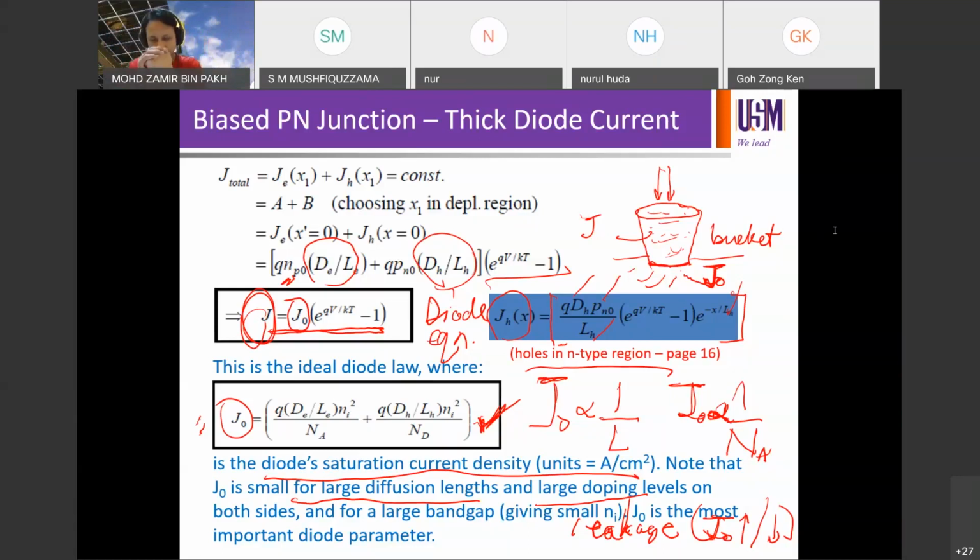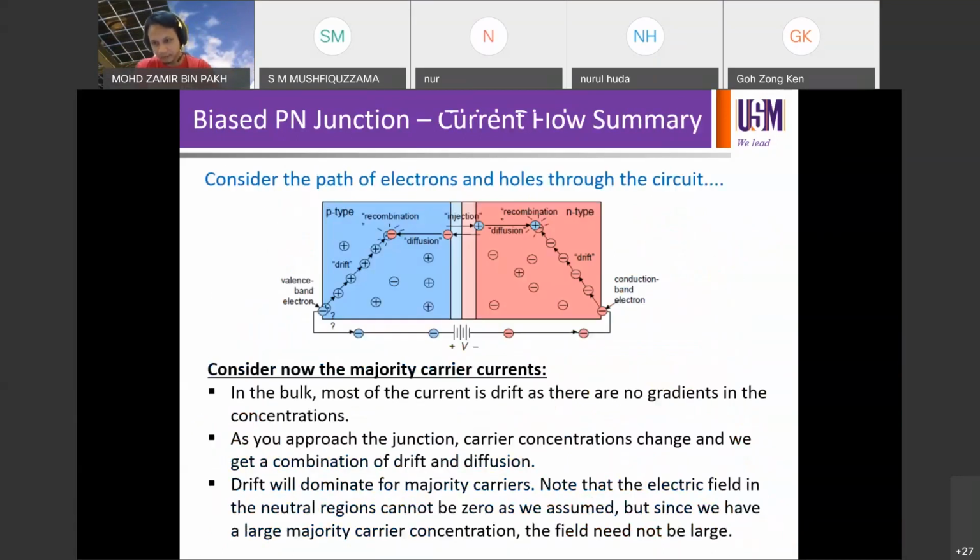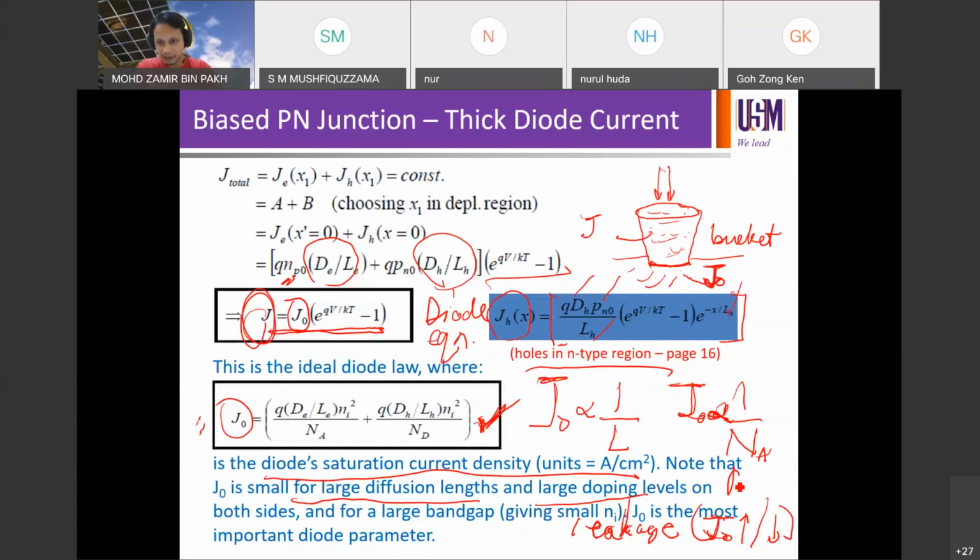You improve conductivity at higher doping, but remember, what's the word? It starts with R. But the problem is we have enhanced R. What R? It starts with the letter R. You just learned it a few weeks back.